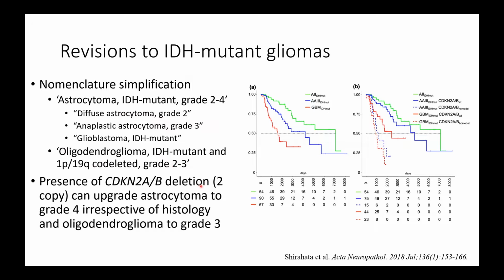And then studies have shown that amongst the various molecular markers that can be found in these tumors, only CDKN2A homozygous deletion can be used to upgrade a tumor irrespective of histology.